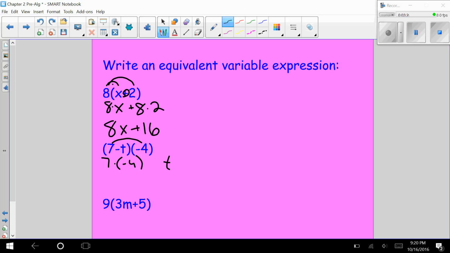I take my t times my negative 4. There's a minus in between, so I put a minus in. 7 times negative 4 is negative 28, minus t times negative 4 is negative 4t. Remember, minus a negative becomes plus a positive, so this is really negative 28 plus 4t.